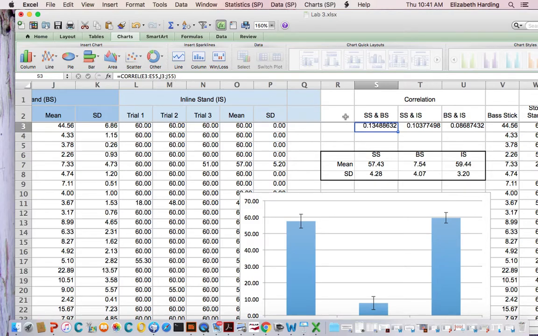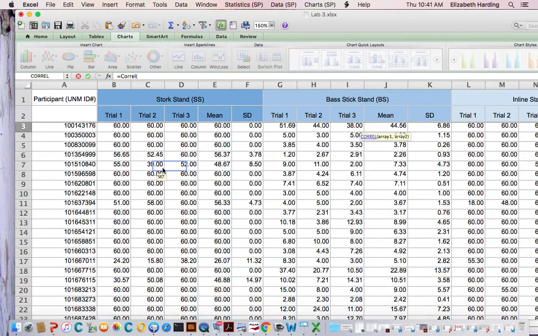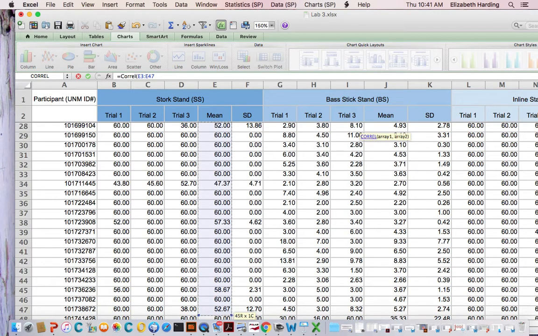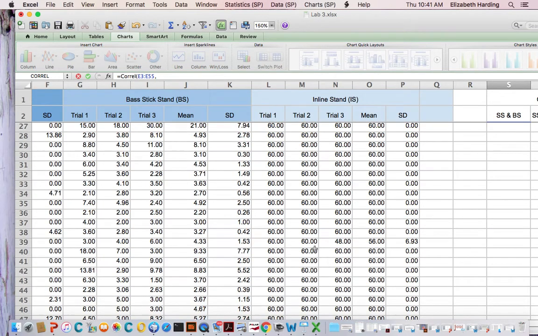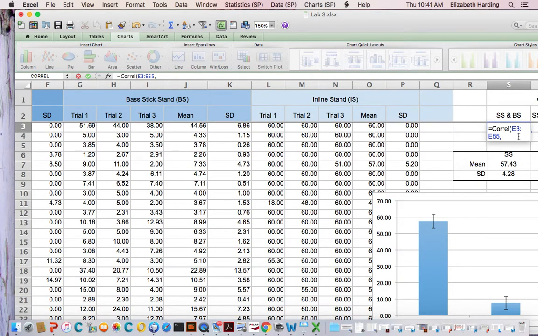So I'll go ahead and demonstrate. So equals, array 1, let's go ahead and select the means, make sure I have all my data of the stork stand, and then comma. Okay. So go back to look at your formula. So see, we have my E3 to E55, comma.